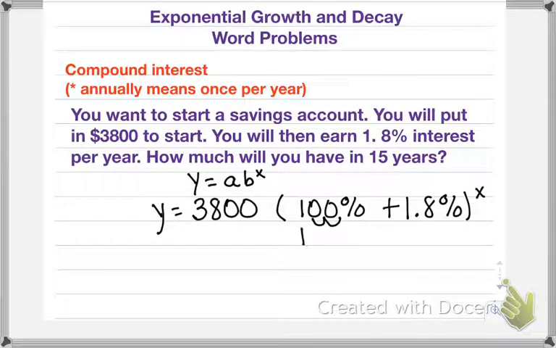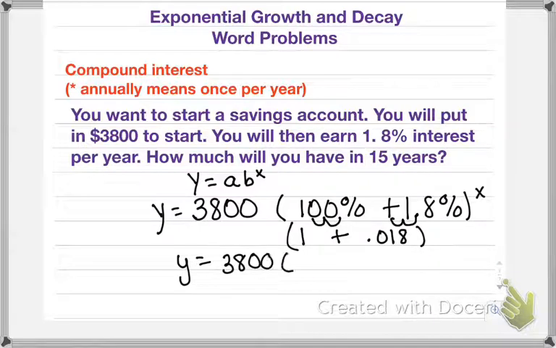So this actually is 1 plus, and then we move this one to decimals as well, 0.018 or 18 thousandths. This gets added together, and we end up with 3,800 still as our starting point, and then 1.018 or 1 and 18 thousandths, and then we want to talk about 15 years.